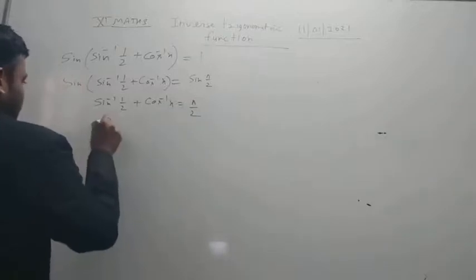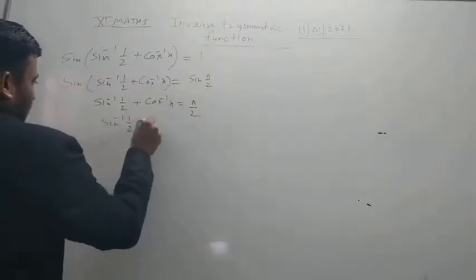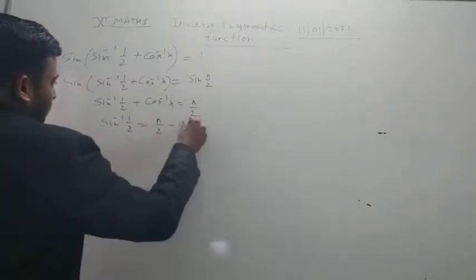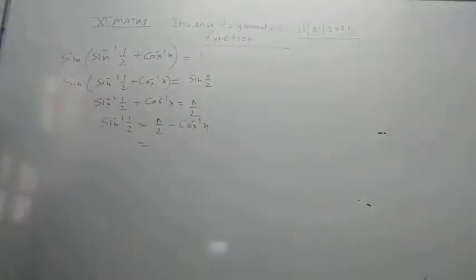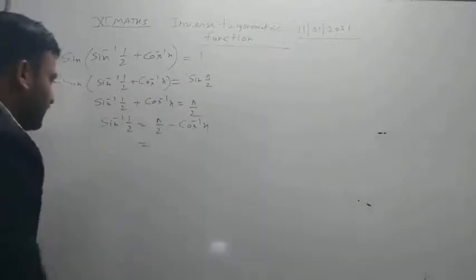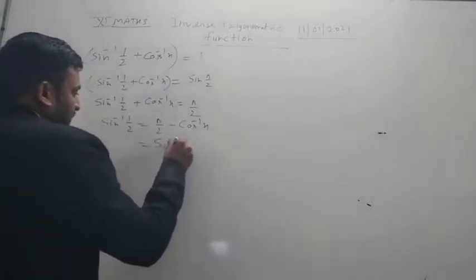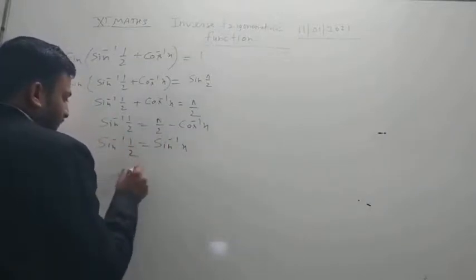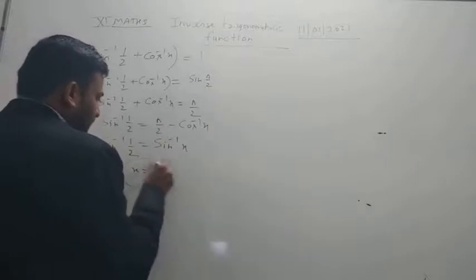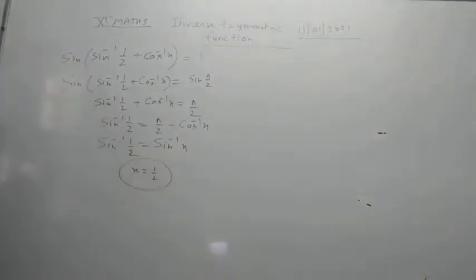Students, sin inverse 1 by 2 is pi by 2 minus cos inverse x, and you know sin inverse x plus cos inverse x is equal to pi by 2. So from that identity we can write sin inverse x, so sin inverse 1 by 2, comparing both sides we get x is 1 by 2. I hope you understand.